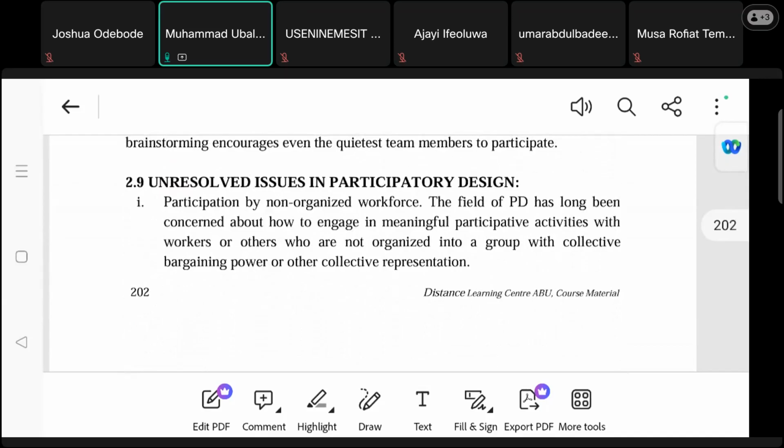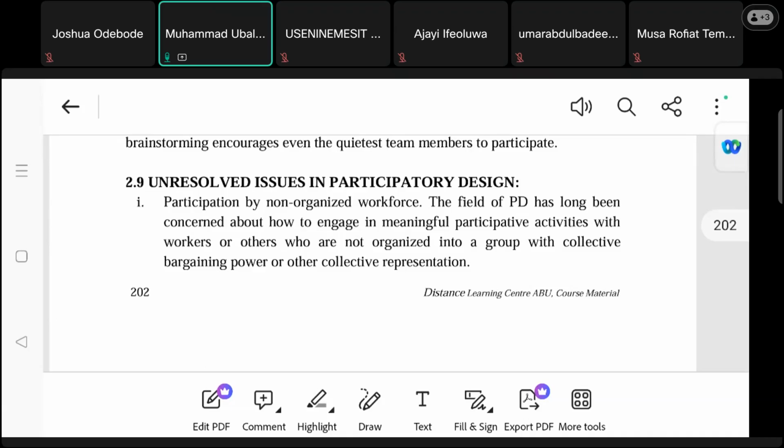Now, I think this is the last topic to discuss, and this is about unsolved issues in participatory design, meaning issues that are yet to be addressed in participatory design. Now, there is the first one, which is difficulty involving unorganized or marginalized groups.